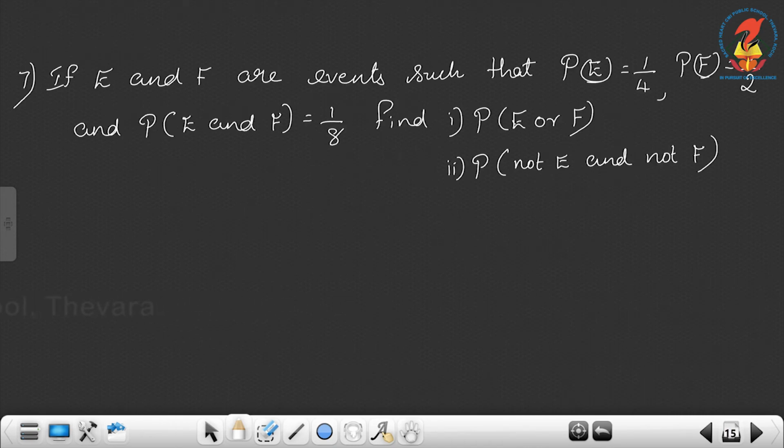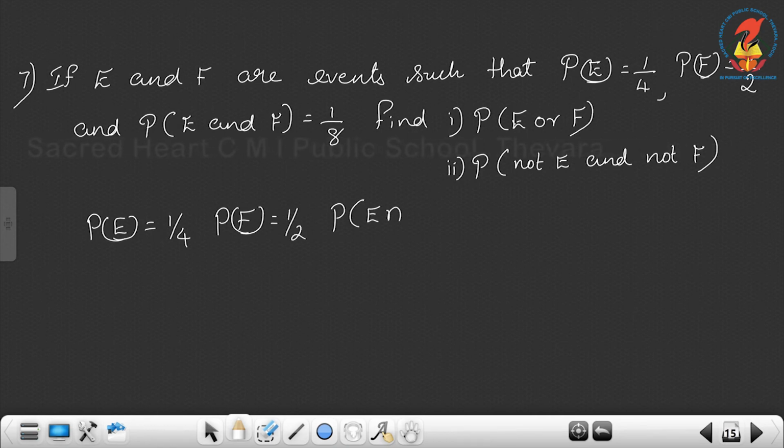The next one. If E and F are events such that P of E, P of F, P of E and F are given. E and F means intersection. Then find P of E or F, P of not E and not F. So, P of E is given, P of F is given, then P of E intersection F is given.